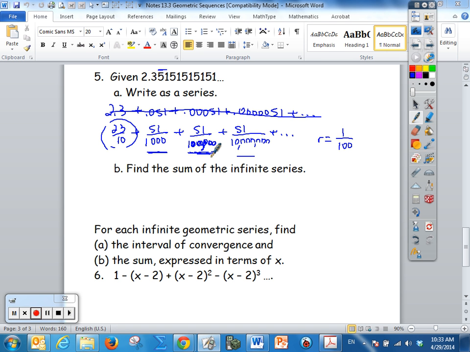My A sub 1 for the repeating part is 51 over 1,000. So to find the sum, I use that cool sum formula. Sum equals first term, which is 51 over 1,000, over 1 minus R.